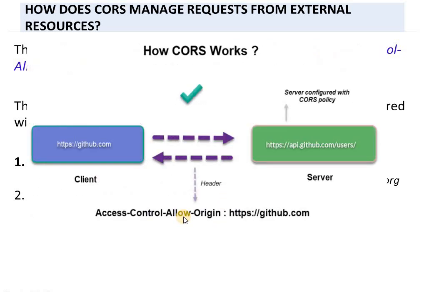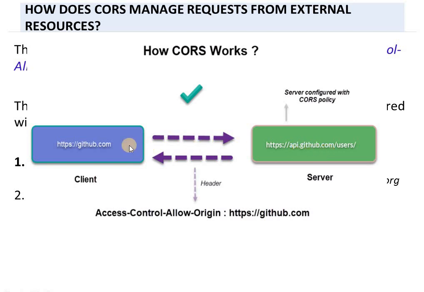Now let's see this image. Over here you can see that the client is on https://github.com, and it is requesting another domain, api.github.com.